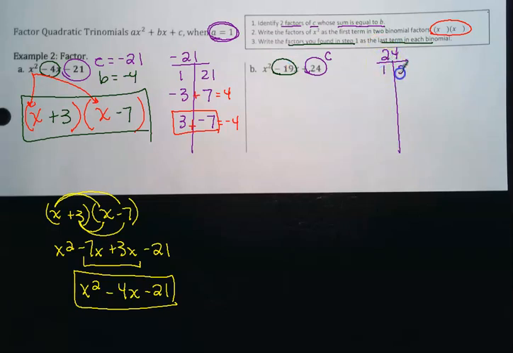We've got 1 and 24, 2 and 12, 3 and 8, 4 and 6. So what are the factors here?